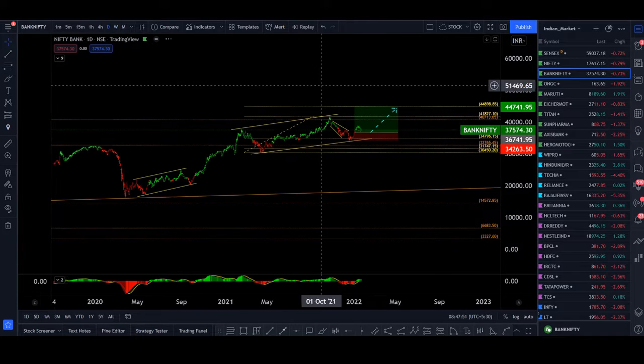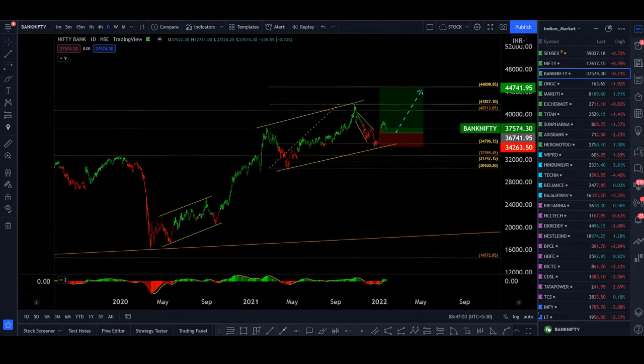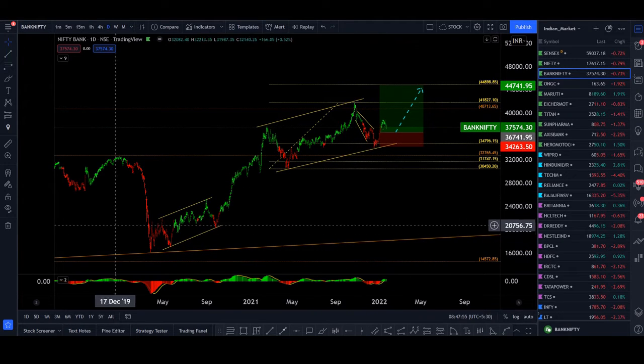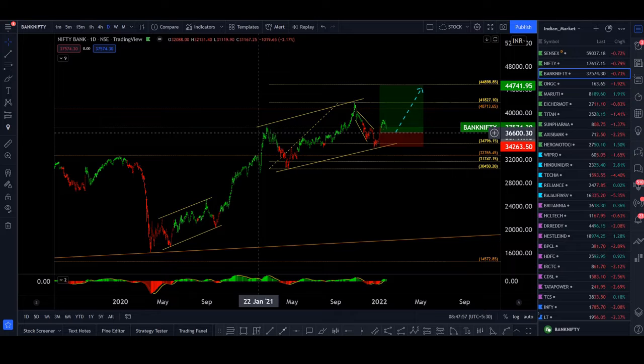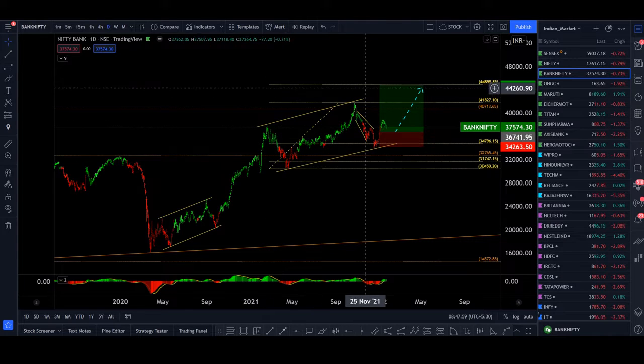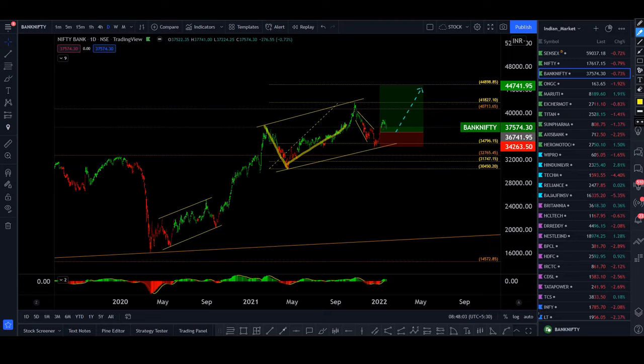So let's go on to daily and see where we are. In daily, we had an impulse followed by a running flat. So we have a pattern which is complete, then it started its uptrend, and it broke the trend line where we entered the trade.